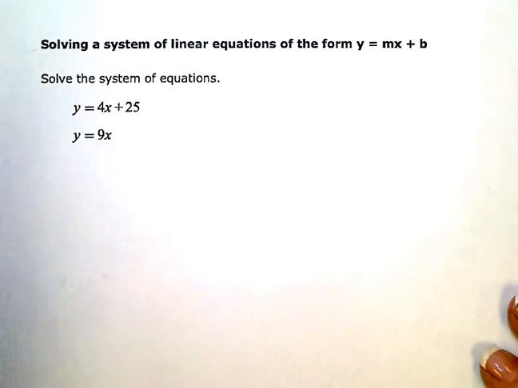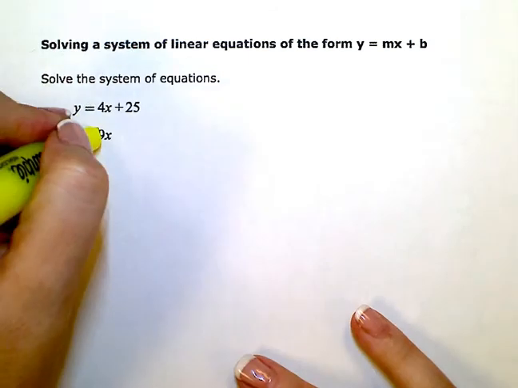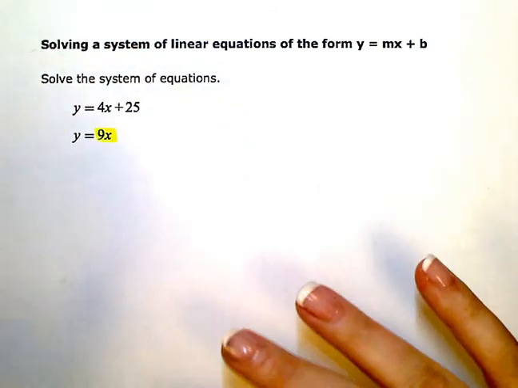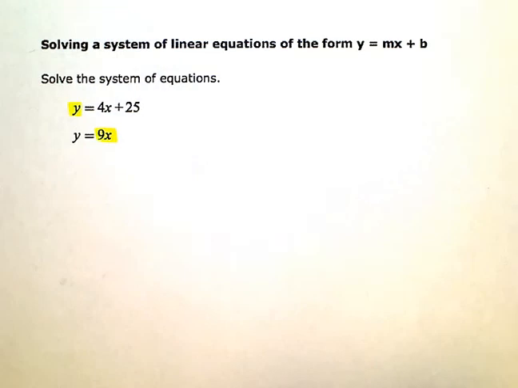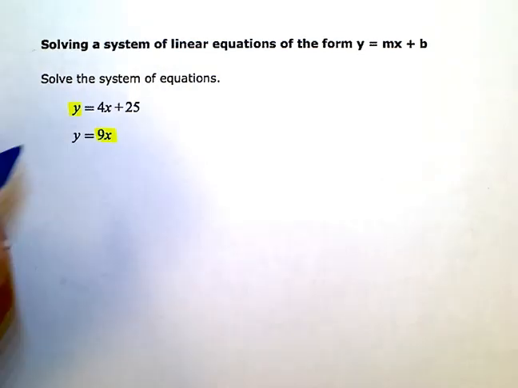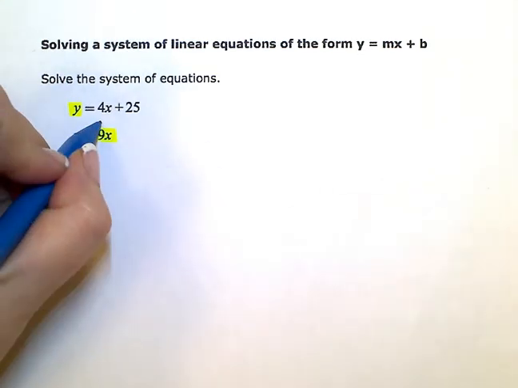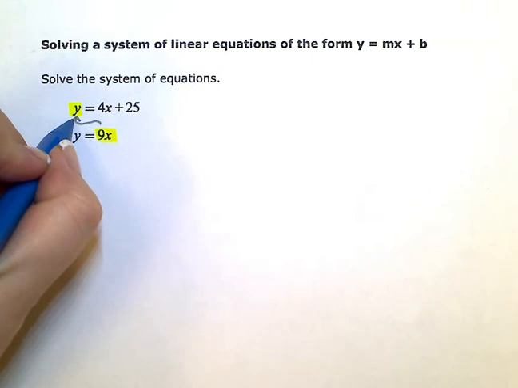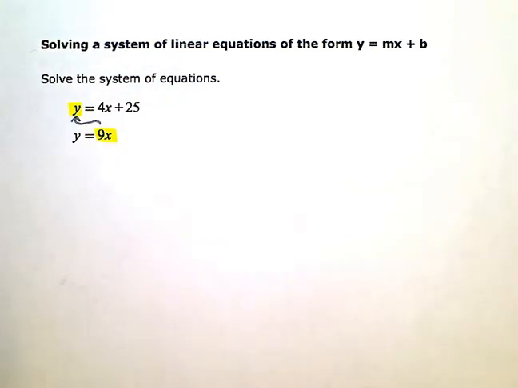So basically what I'm going to do here is take the 9x and substitute it into the other equation for the y, so that I have just one equation in one variable, x.